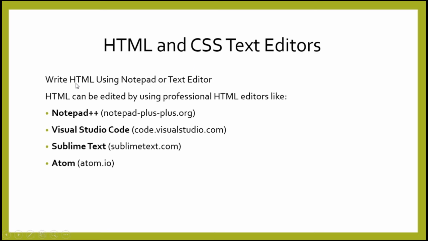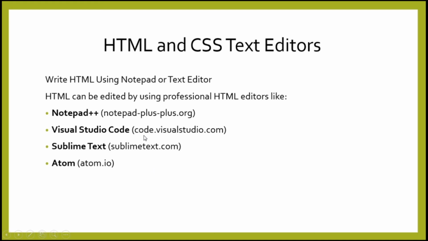Okay, so HTML and CSS text editors. You write HTML using Notepad or a text editor. Anyway, guys, you could use Notepad, which is one of the defaults on your laptop or computer. But I recommend you use different text editors such as Visual Studio Code, Sublime, and Atom. In our case, in this tutorial, we will be using Visual Studio Code.